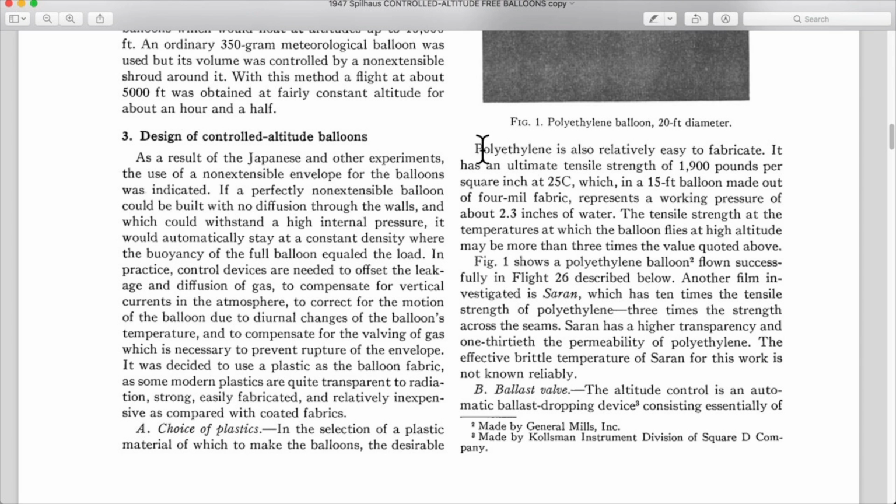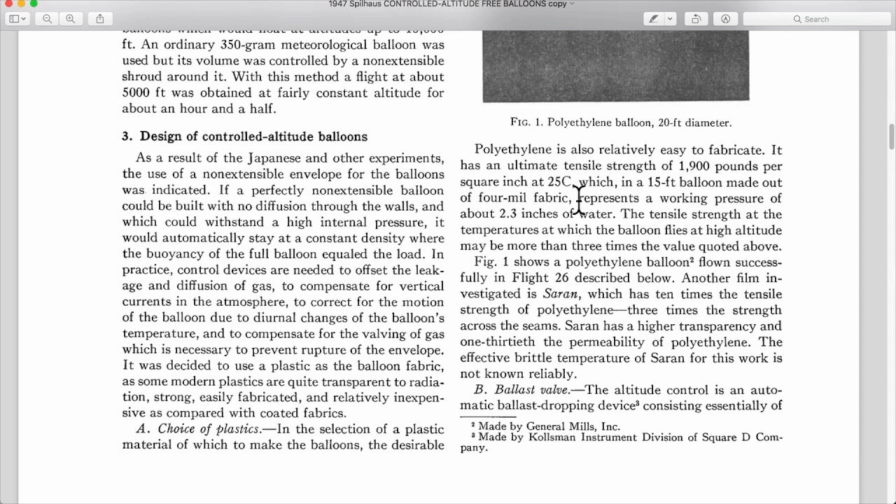So polyethylene is also easy to fabricate. It has an ultimate tensile strength of 1,900 pounds per square inch at room temperature, which in a 15-foot balloon made out of 4 mil plastic represents a working pressure of about 2.3 inches of water.